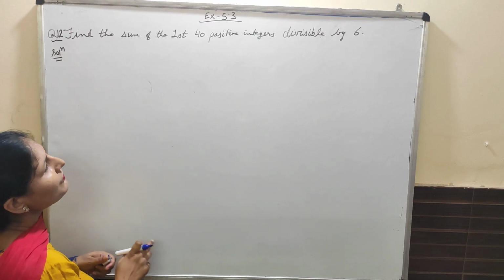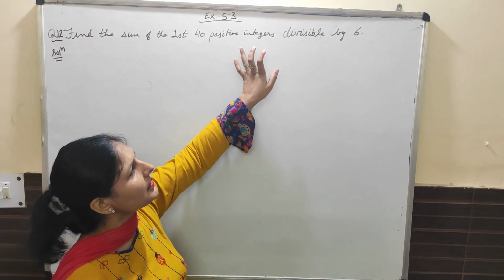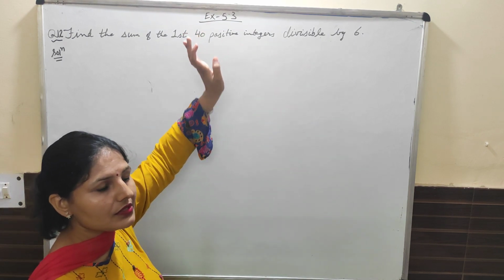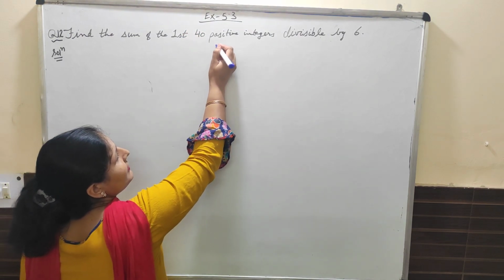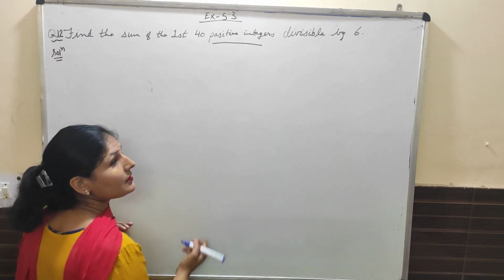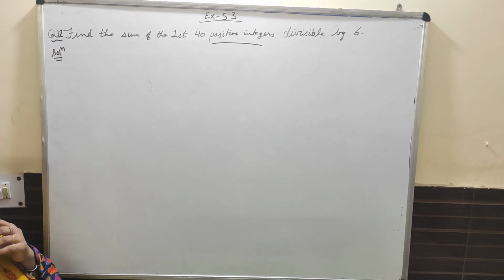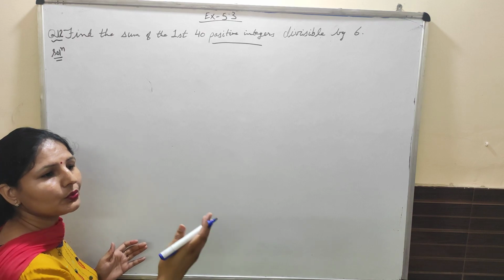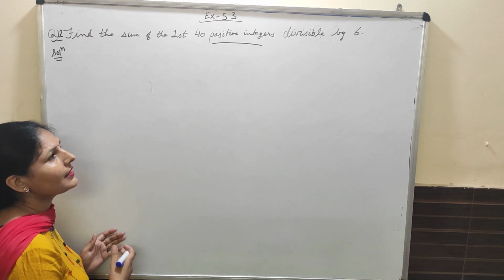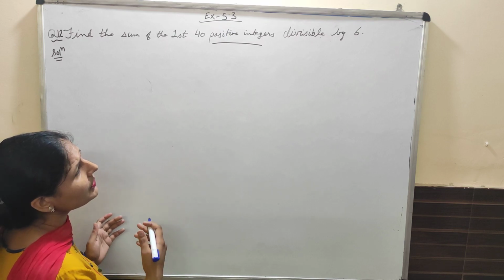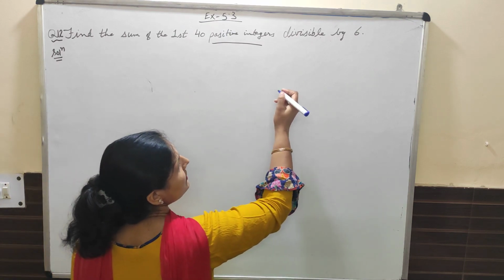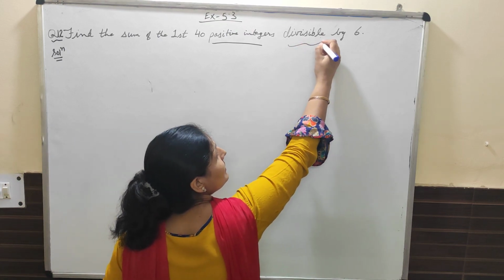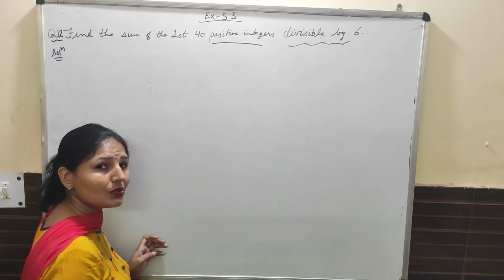Find the sum of the first 40 positive integers divisible by 6. Yes students, tell me from where the positive integers start. Positive integers start from 1, 1, 2, 3, 4, 5, 6 and so on. Here we need to talk about those positive integers which are divisible by 6.